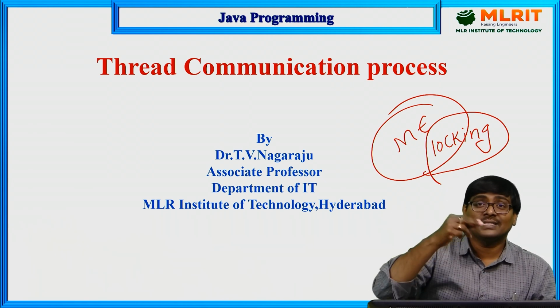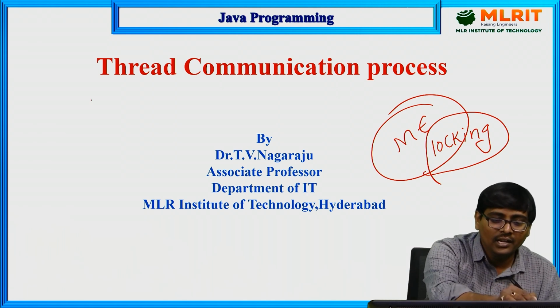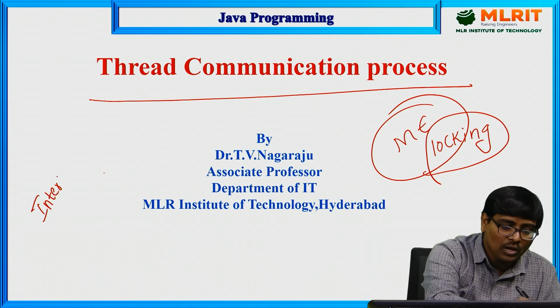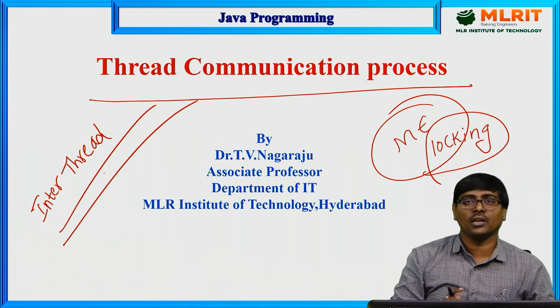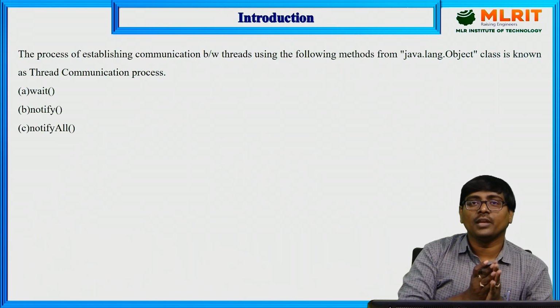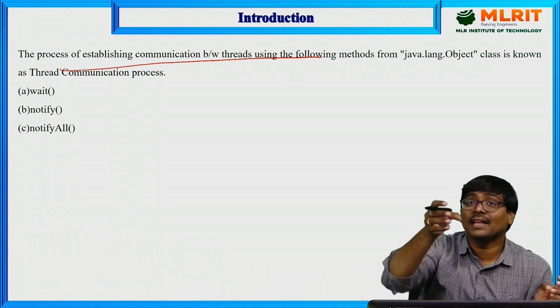The second way of achieving synchronization is the thread communication process, also called inter-thread communication. Inter-thread communication establishes communication between the threads.